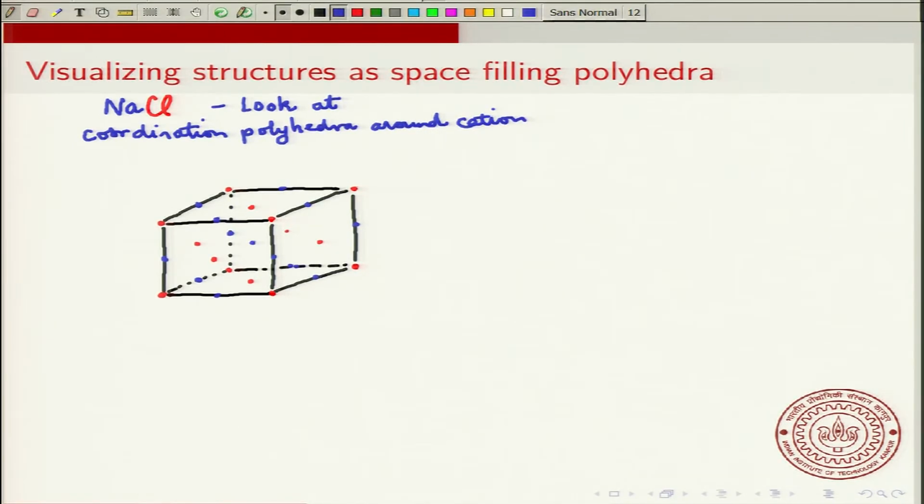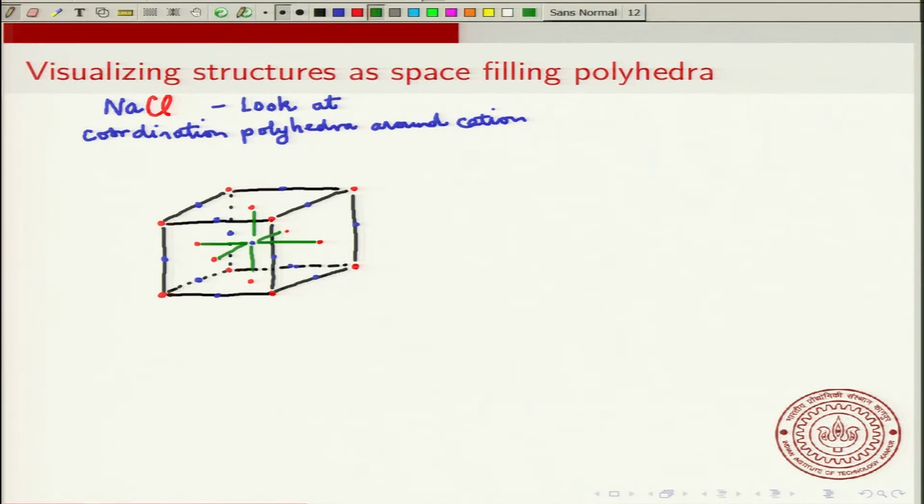If I look at its coordination polyhedron, that means you look at the atoms that are closest to it, these 6 chloride ions.